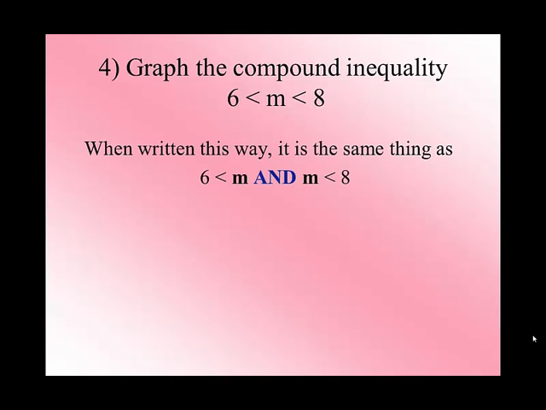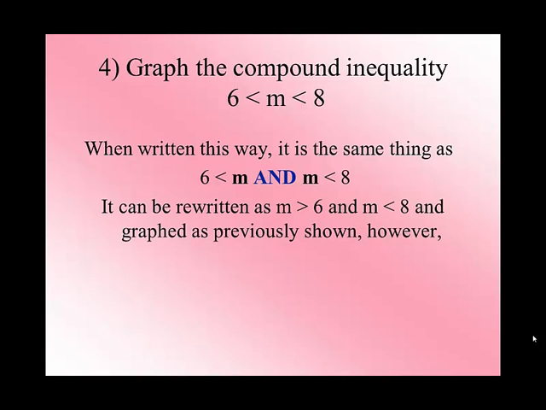Let's look at a compound inequality here. This is often how you see the compound inequalities written. Anytime you have that m in the middle, or your variable in the middle, between two numbers, that represents an AND situation. So we could write this as 6 is less than m and m is less than 8.